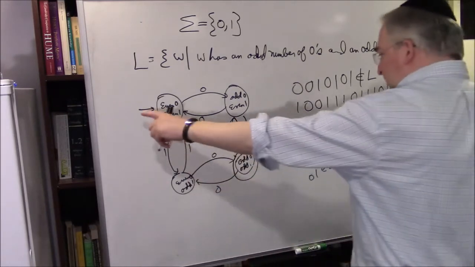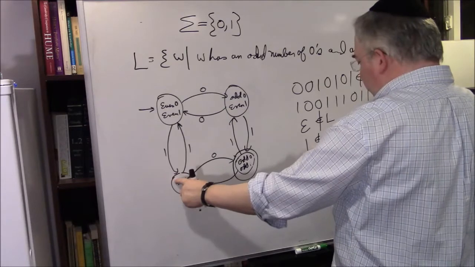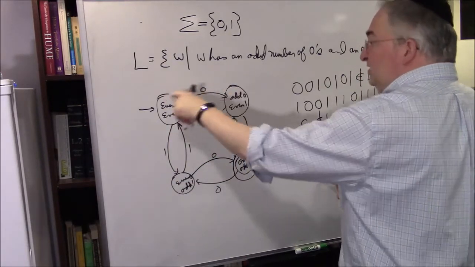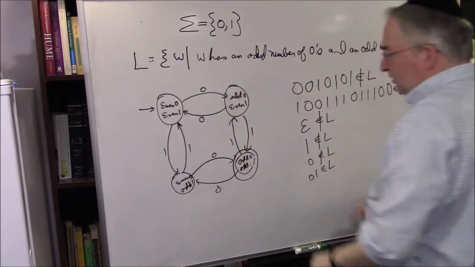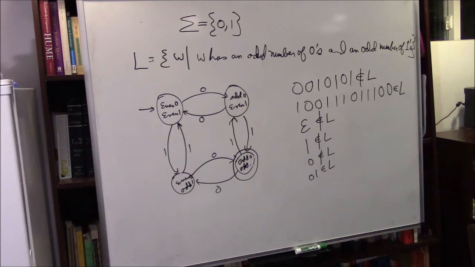Okay. The empty word is not accepted because you end up here. 1 is not accepted because you end up here. 0 is not accepted because you end up here. 0, 1 is accepted because you end up here. Okay, so that's a very nice little thing.